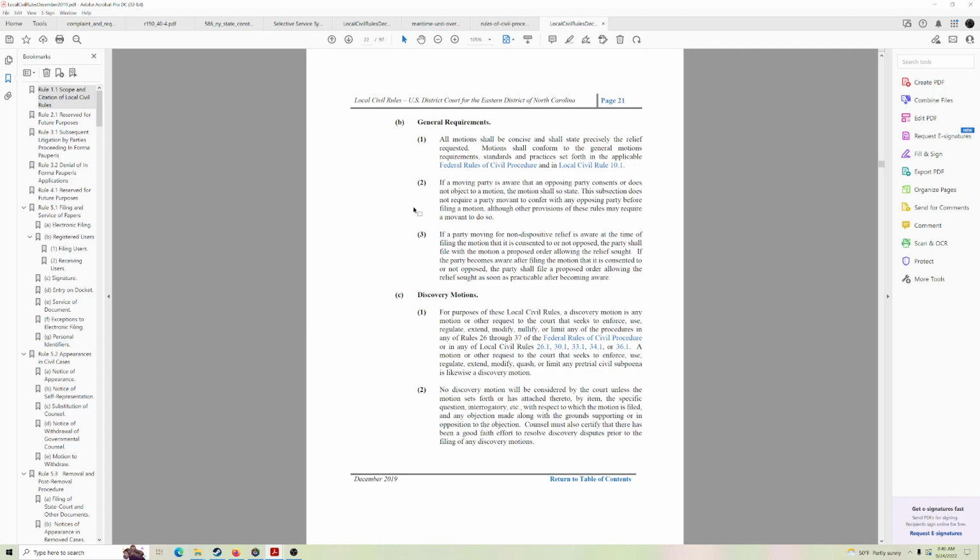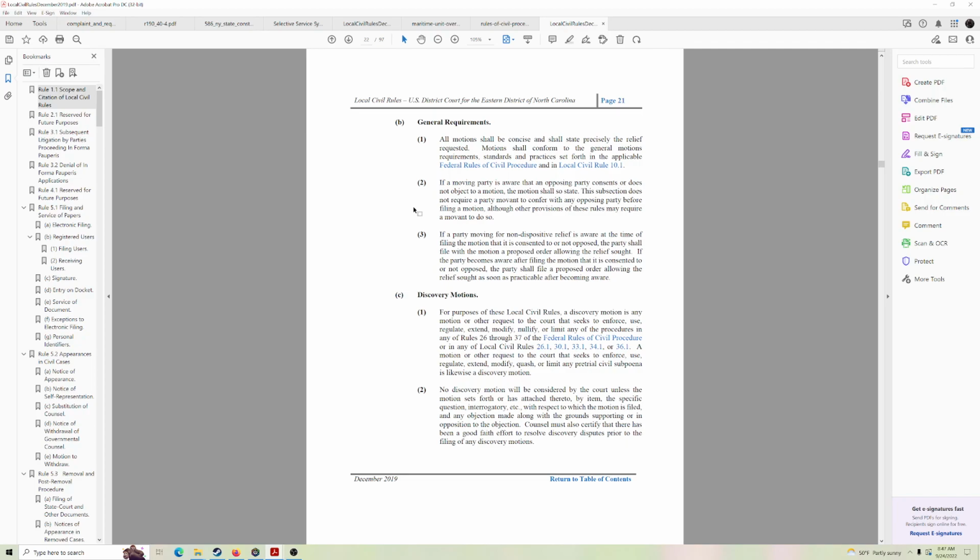Discovery motions. For purposes of the local civil rules, a discovery motion is any motion or other request to the court that seeks to enforce, use, regulate, extend, modify, nullify, or limit any of the procedures in any of Rules 26 through 37 of the Federal Rules of Civil Procedure or in any of Local Civil Rules 26.1, 30.1, 33.1, 34.1, or 36.1.